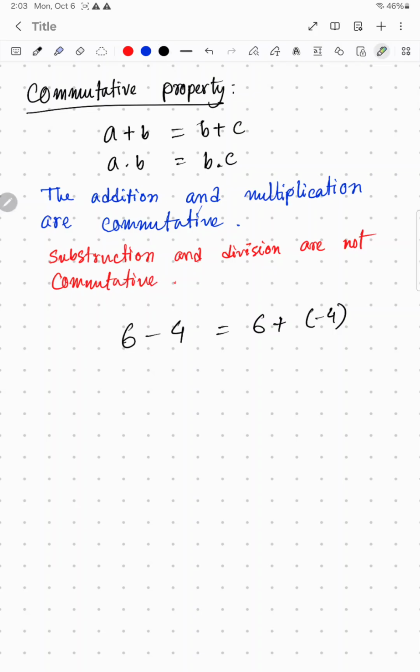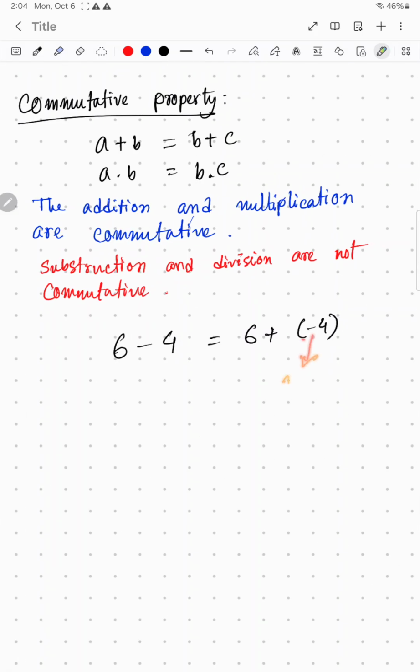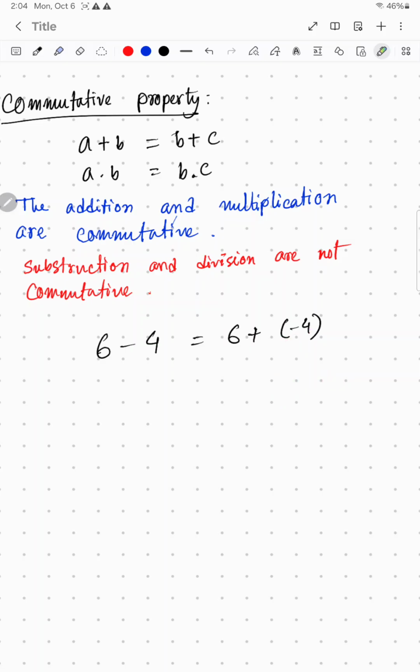Here this minus sign is a subtraction. It's an operation. It operates between two numbers. This sign here is the same minus sign, but this sign is just a negative sign. Alright, so this is a number and we add to a number.